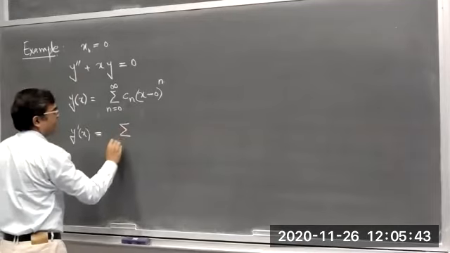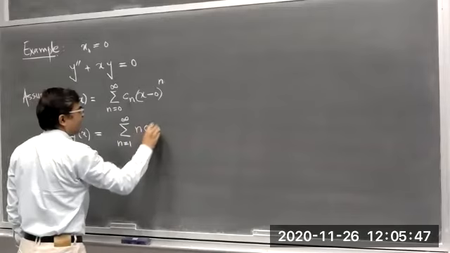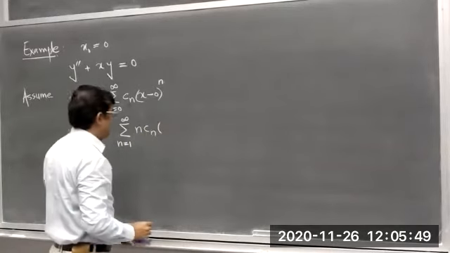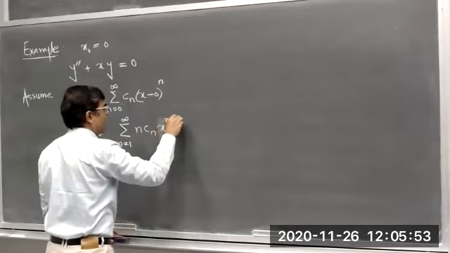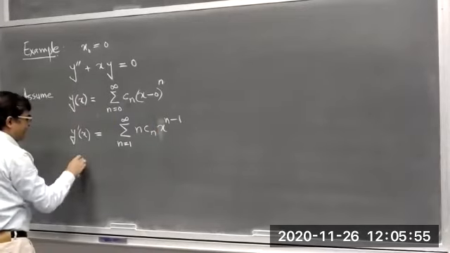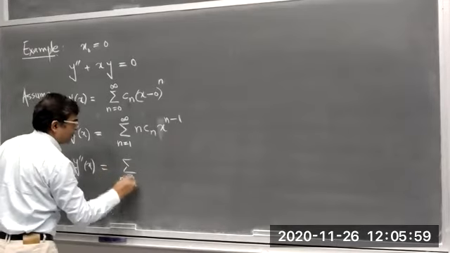So first derivative is summation n from 1 to infinity n Cn x power n minus 1. And in the second derivative, the summation will start from 2 to infinity.